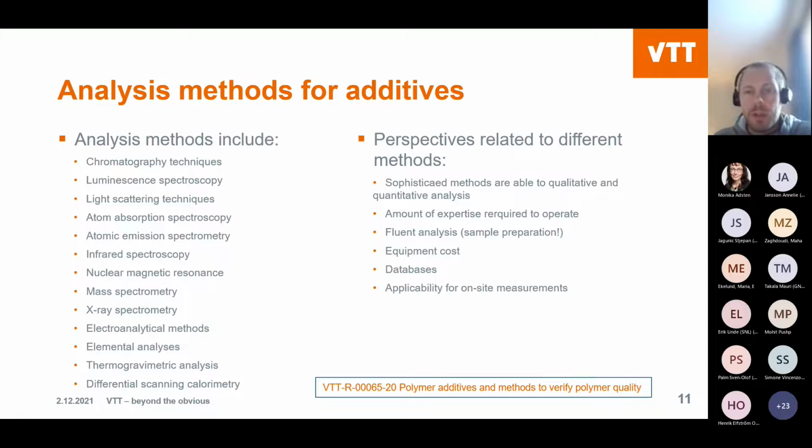And then, of course, applicability for on-site measurements, the size of the equipment and other requirements for the equipment need to be taken into account. And regarding these additives and analysis methods, we have prepared this VTT report. It should be available to download from the Energiforsk website.